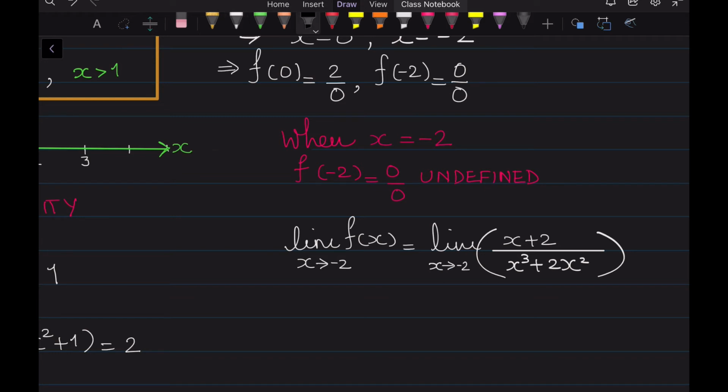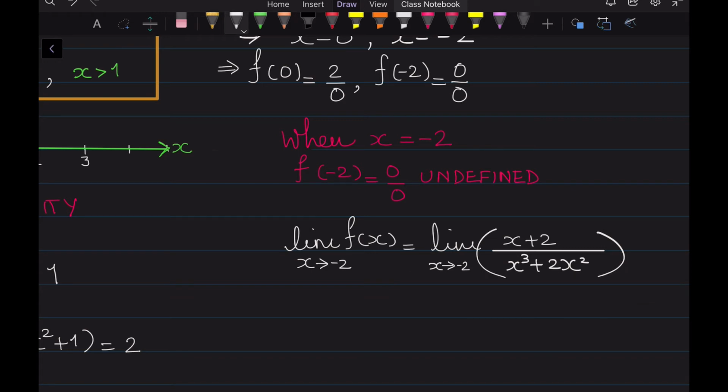Now at this point I would like you to recall lesson number 7a, where we discussed in detail the method of determining the limit of a rational function as x approaches a number where the function takes the form 0 over 0. So in order to determine this limit, I'm going to write down the upcoming steps directly without going into much detail.